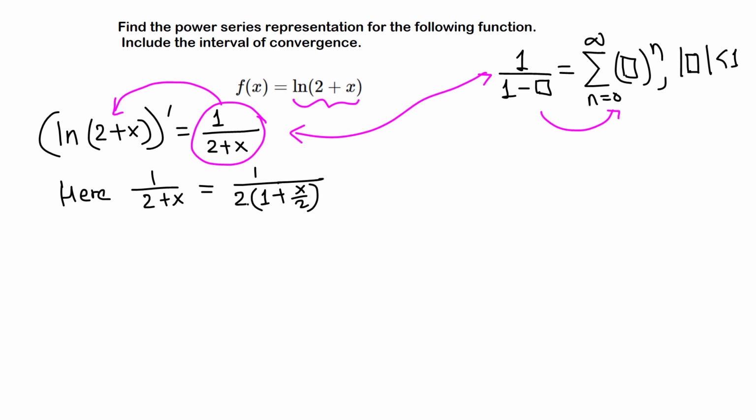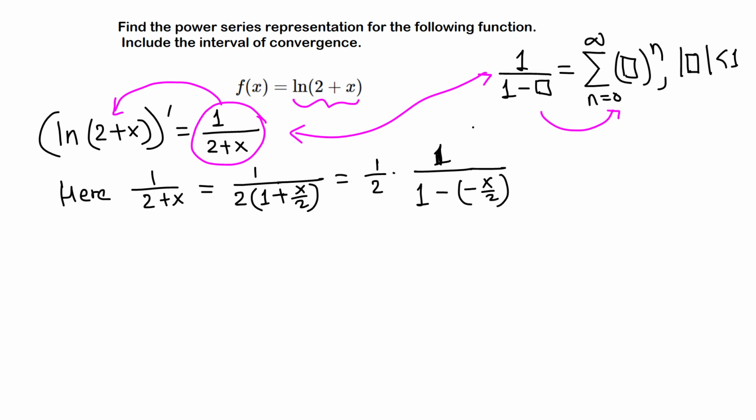If we distribute 2 inside, then we can find 2 plus x: 2 times 1 is 2, plus 2 times x over 2, 2 to cancel, x. So this fraction is same as this one. Now this 2 we can put outside, in front, I meant 1 over 2 times 1 over 1 plus x over 2, like we can write 1 minus negative x over 2.